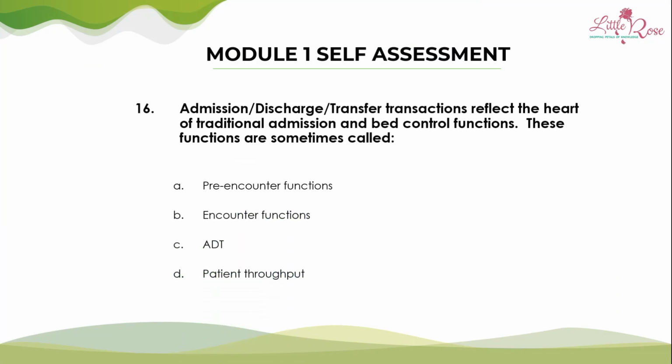Admission, discharge, transfer transactions reflect the heart of traditional admission and bed control functions. These functions are sometimes called: A. Pre-encounter functions, B. Encounter functions, C. ADT, D. Patient throughput.